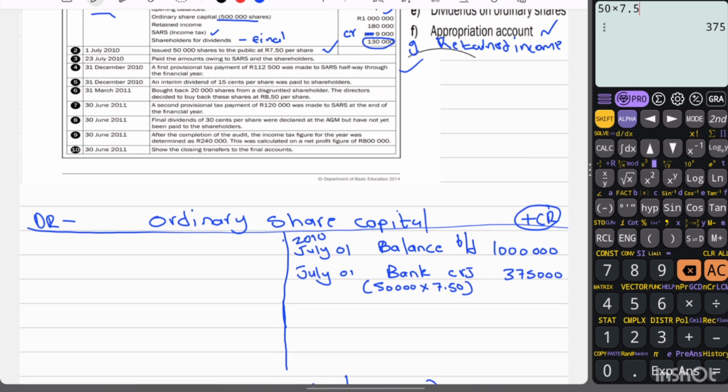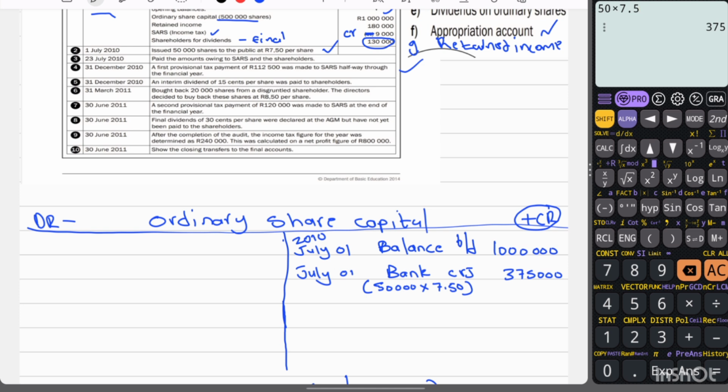31 March 2011. We bought back 20,000 shares. The directors decided to buy back these shares at R8.50 per share.